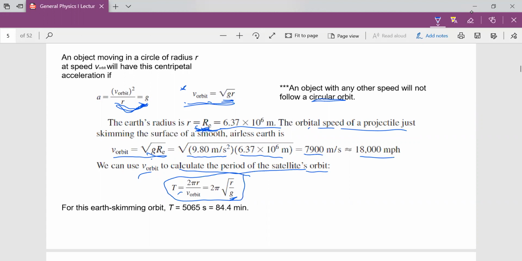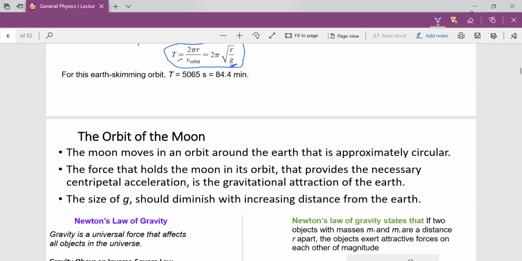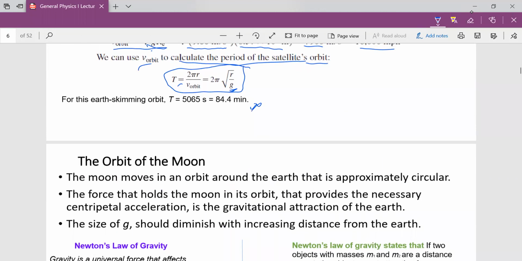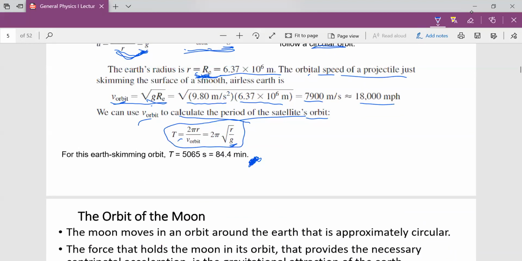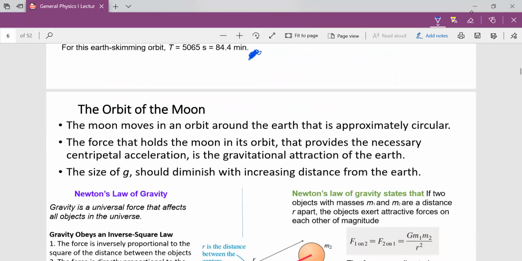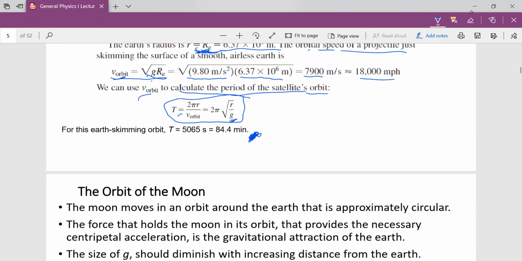Now when you read the text, there's a comment about this case applying directly to the description of the orbit of the moon. We said that when we apply that directly to the orbit of the moon, the period will just give us 11 hours, which we know in reality is not true.